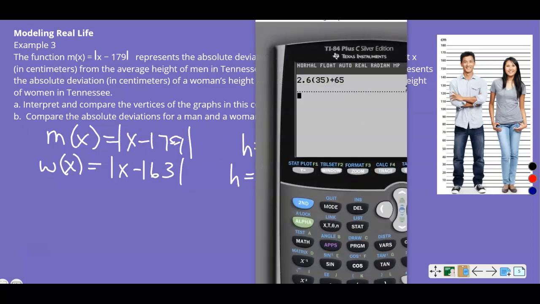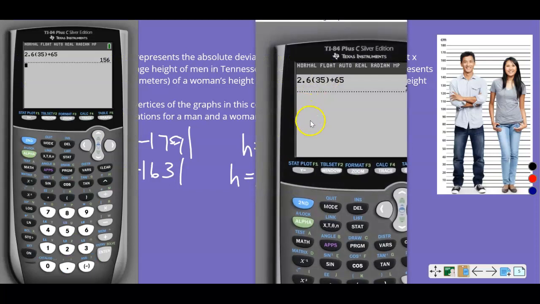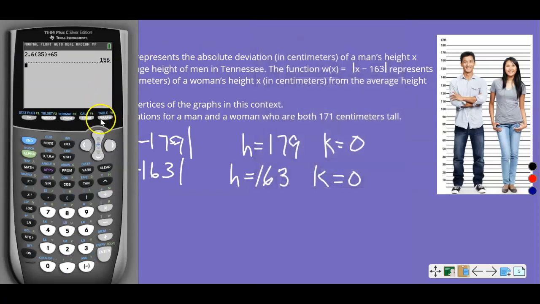See if I can pull that up real quick. All right, if I say y equals, and I want to graph an absolute value function, let's graph the women first since it's easy to see here. So if I go to math and I arrow over to number, ABS is my first button there. So that's absolute value, and I can graph x minus, well, let's do 179 first because that is the men's.